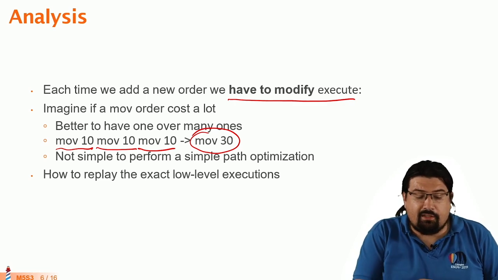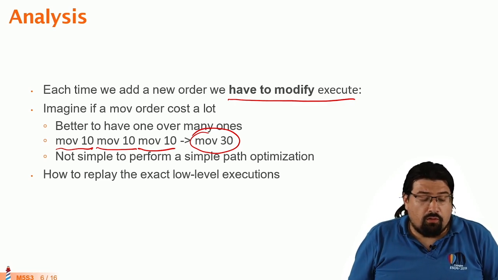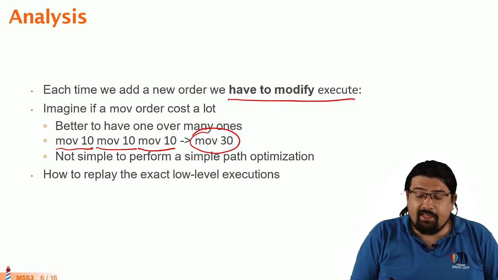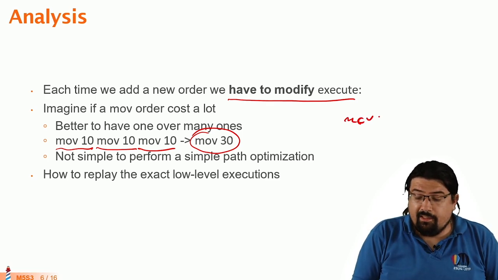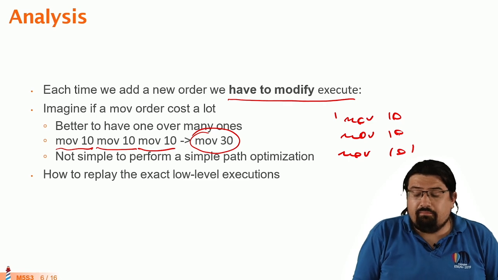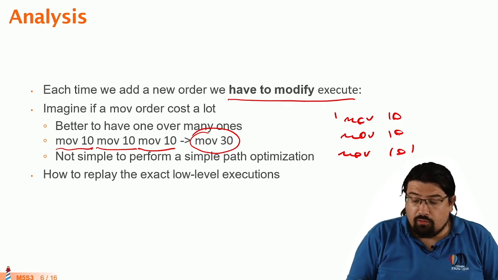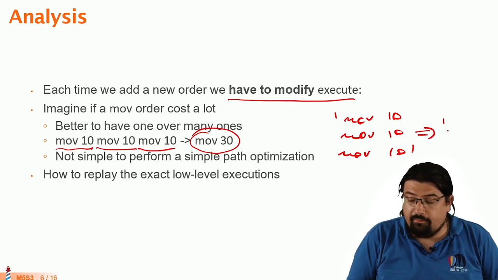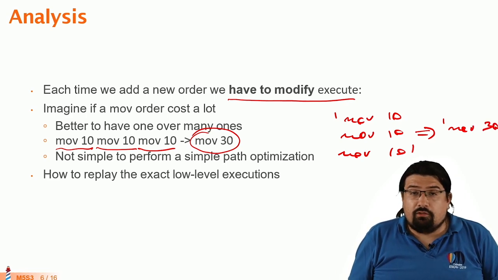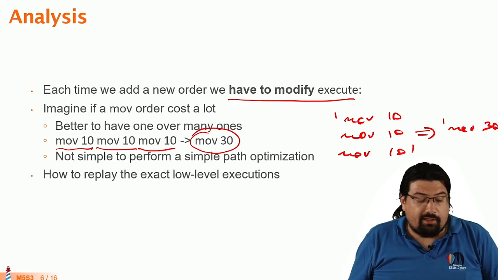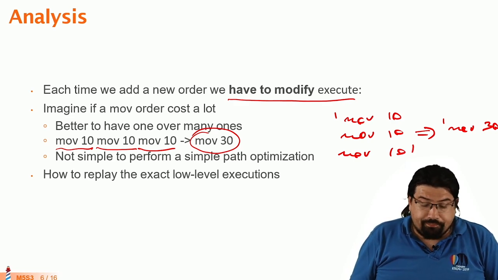Instead of doing 3 moves, doing only 1. In this case, our text that represents the action is just strings, and manipulating strings to compact them into something like move 30 is complex. We want to have objects to manipulate them because they are easy to modify.